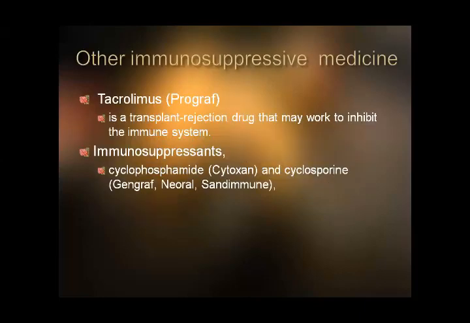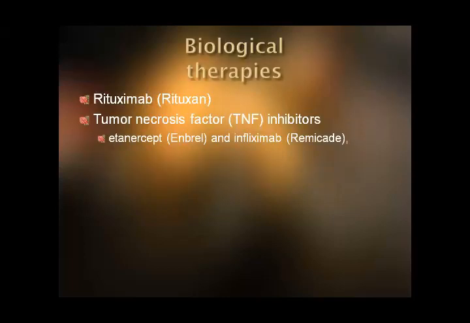Other immunosuppressants can be used like tacrolimus or cyclophosphamide. Rituximab is a newer drug, and tumor necrosis factor inhibitors, or antagonists, are also used as biological therapies to go for remission.